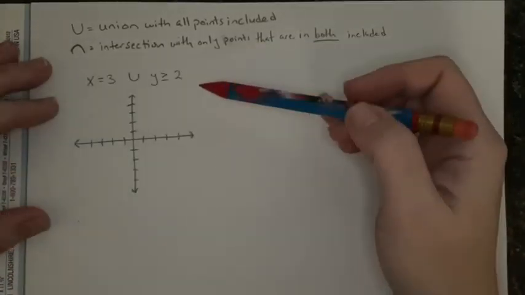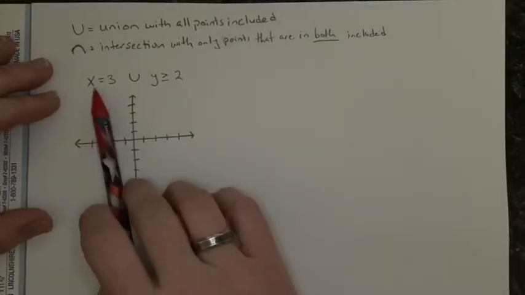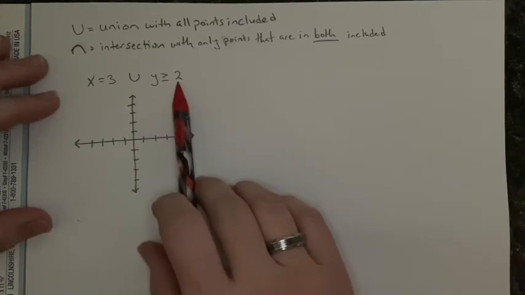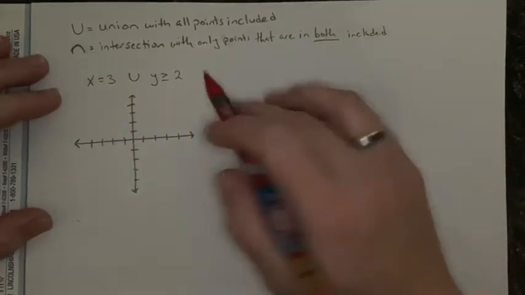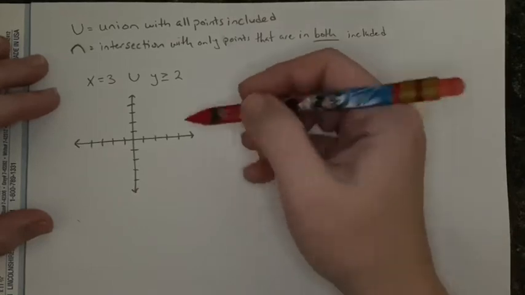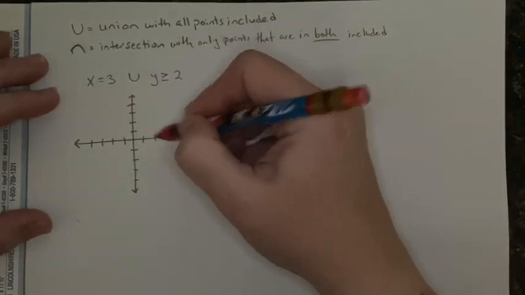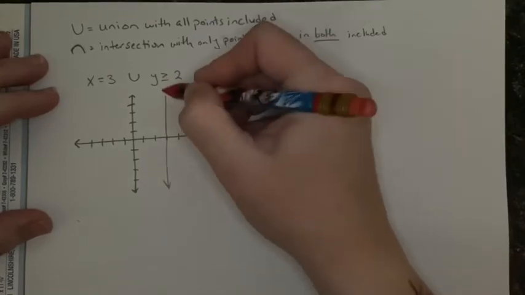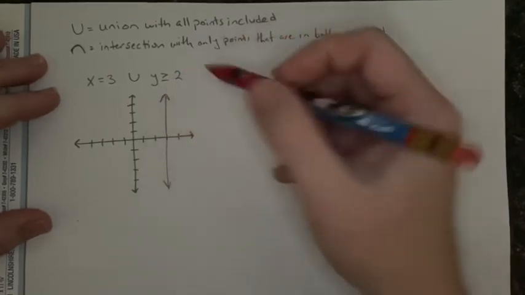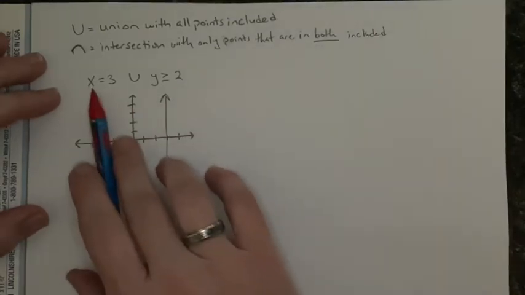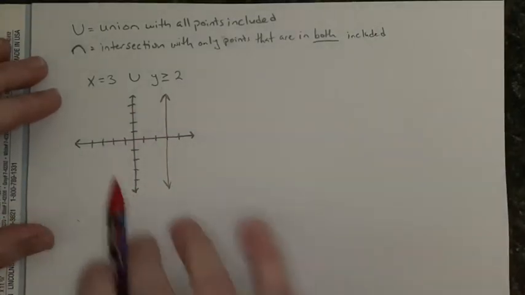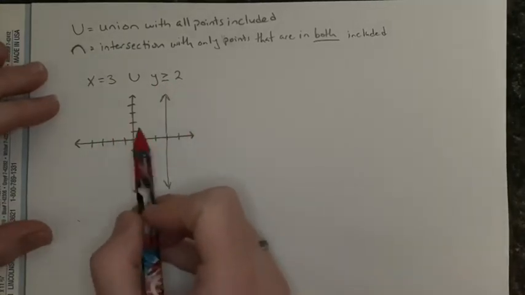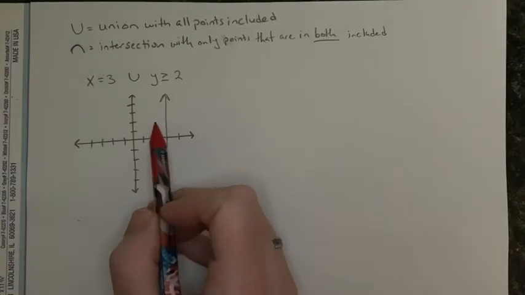The example on page 21 gives us x equals 3 in union with y greater than or equal to 2. Well, let's do our x equals 3 because we want all of the points included. So to start with our x equals 3, we're going to go to our 3 on the x-axis, and we're just going to draw a line because that is the solution set for x equals 3. It is that line. Then we're going to look at our y greater than or equal to 2. Well, because it's equal to, we know the 2 is part of the solution.